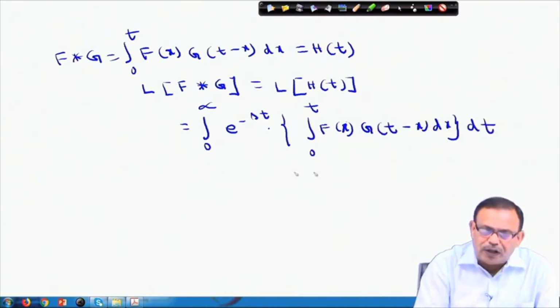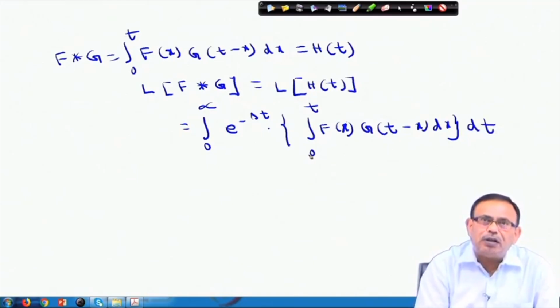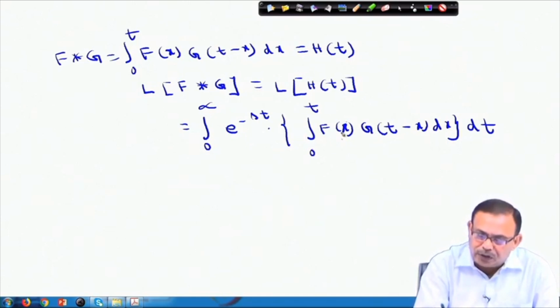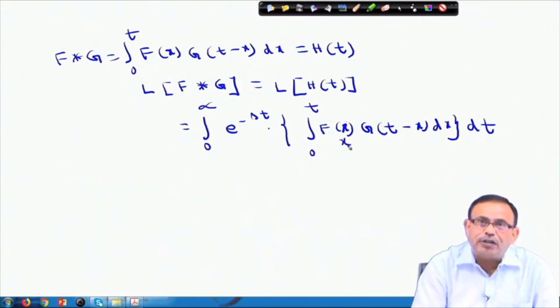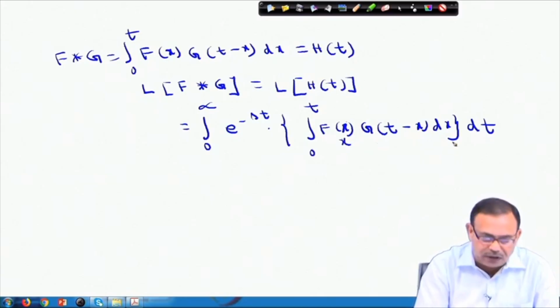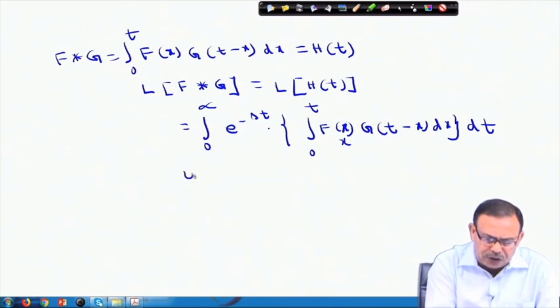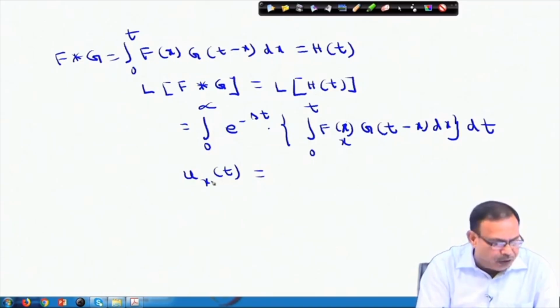So, basically I have to evaluate this particular integral, 0 to infinity e power minus s t into the integral from 0 to t of f(x) g(t minus x) dx, into dt. To evaluate this, let us introduce a new function u(x, t). The value will be dependent on x.